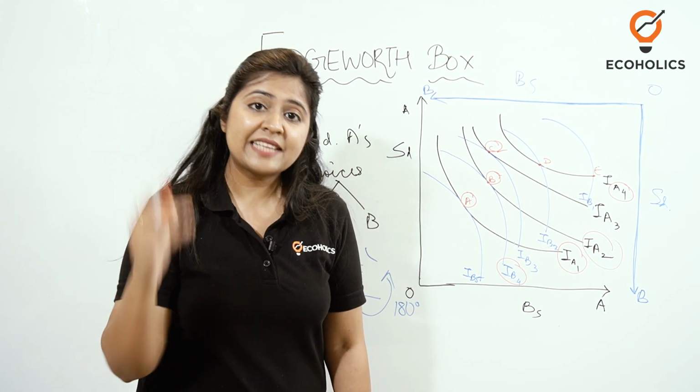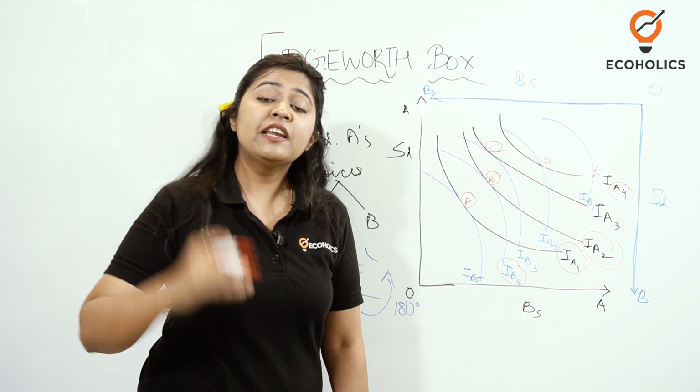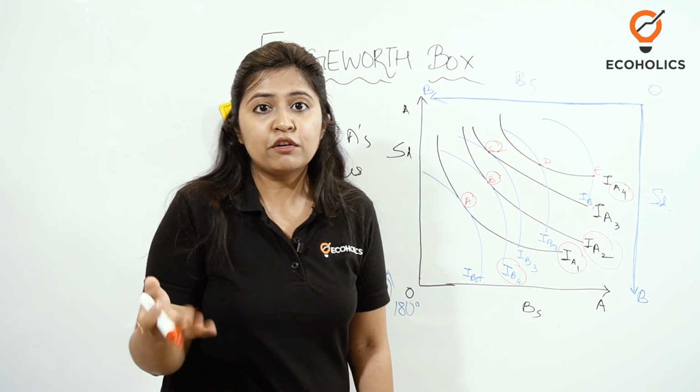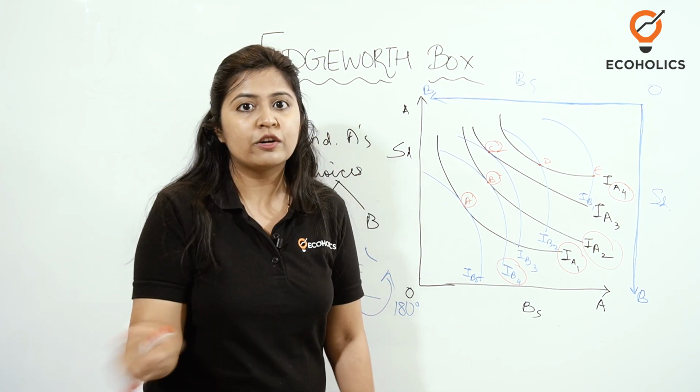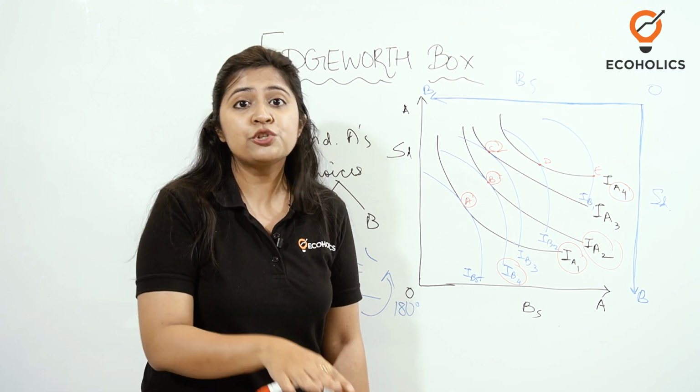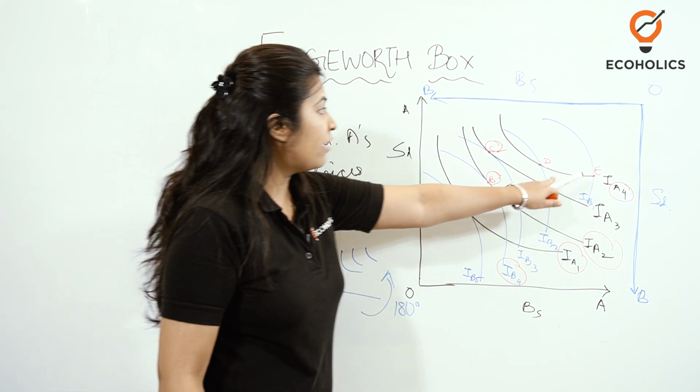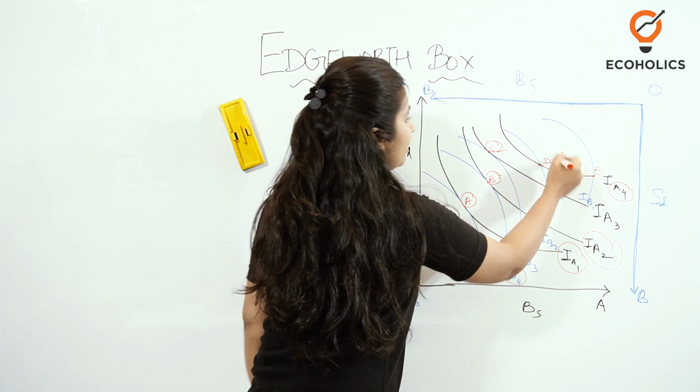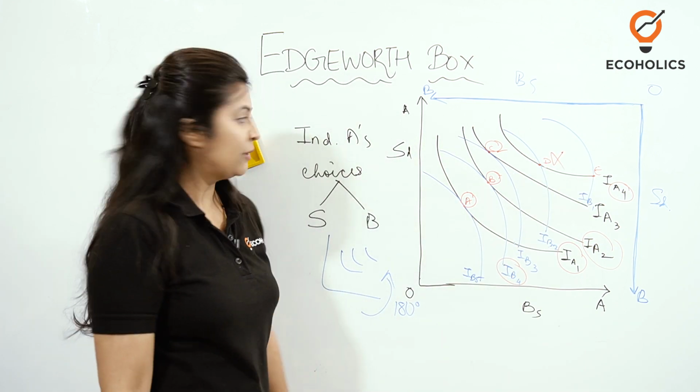Pareto optimality says that even if someone is better off, no one should be worse off. No one's position should deteriorate. So which is why we cannot select point number D.